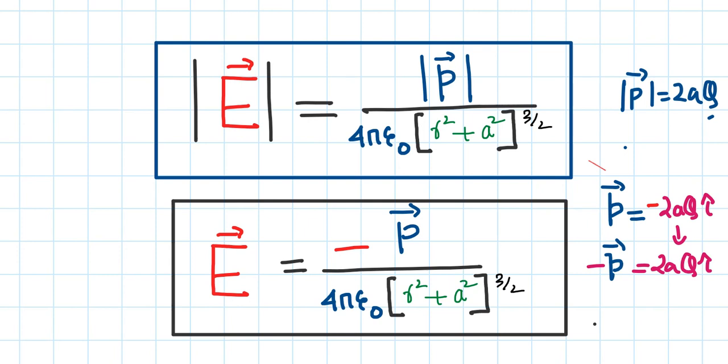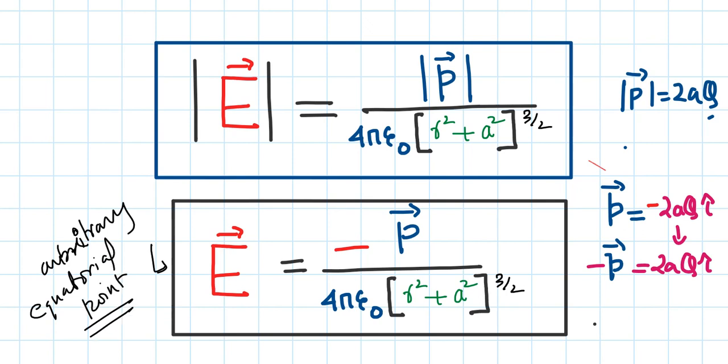So this is the equation of electric field at an arbitrary equatorial point. You can use this as your vector equation, and this as your magnitude equation.